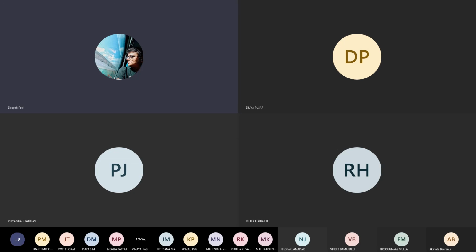Portion for second IA is frames sway problems using slope deflection method, that is module 1, and the beams with and without settlement problems of moment distribution method. This much is the portion for your second IA. So for moment distribution method, just go through all the problems I have done in the class.